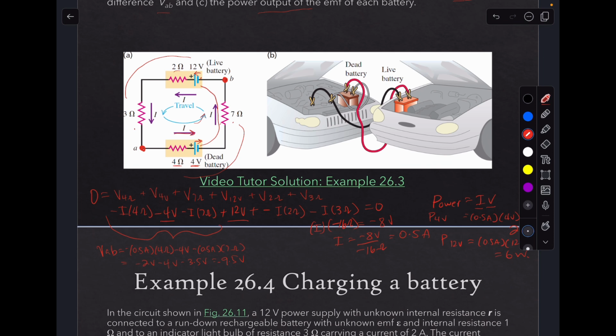If they were in the same polarity, you would have plus minus, plus minus. Okay, that's two batteries connected with the same polarity. But what we have in this situation, and when they're in a loop, it's hard to tell, right? What we had in this situation was plus minus minus plus. So when you cross one should be positive, and when you cross the other, one should be negative. Okay, so that's kind of the tricky part here.